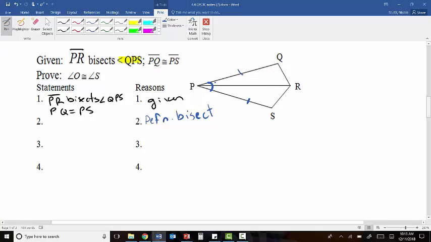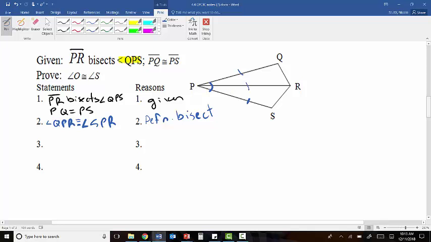What you have to do is name each angle that has a rainbow. The first angle from here to here is angle QPR. The second angle from here to here is going to be SPR. So there's your two congruent angles. Right now I see a side and an angle if I just look at one triangle.